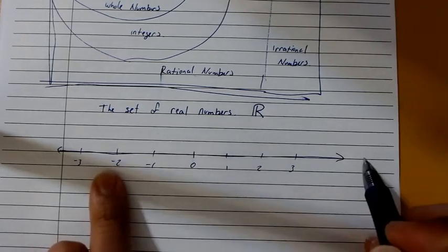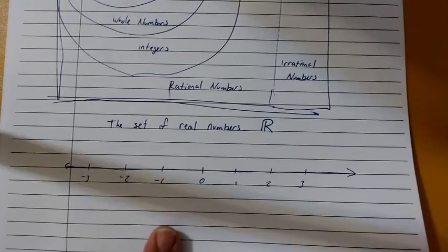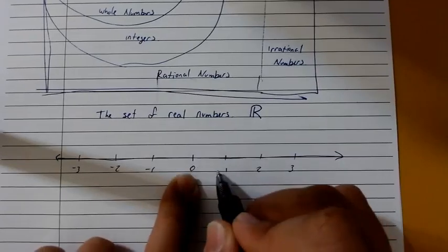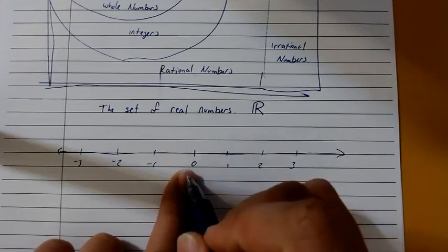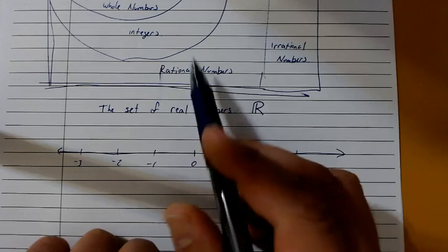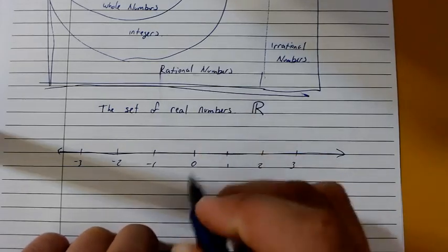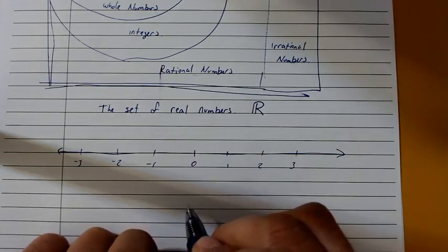This line has on it, somewhere on there, every number you could think of. You want a whole number? Sure. Starting from 0, 1, 2, 3, 4, 5, on forever. You want an integer? Sure. Here are the negatives on this side, here are the positives on that side. You want a rational number, like a fraction? Sure. What do you want? 1/2? That's between 0 and 1. 7/3?